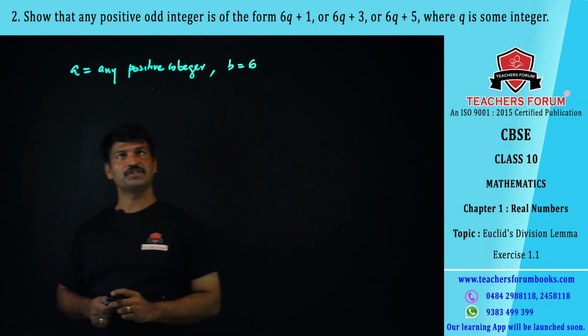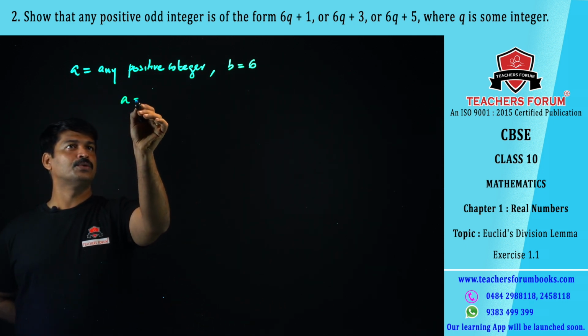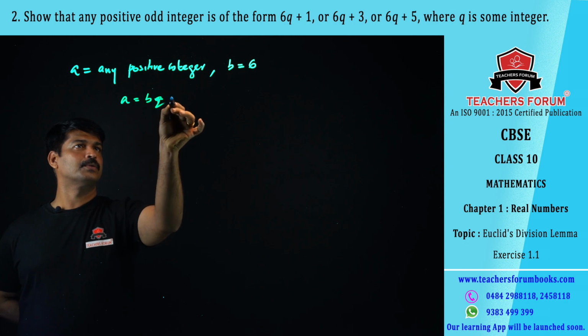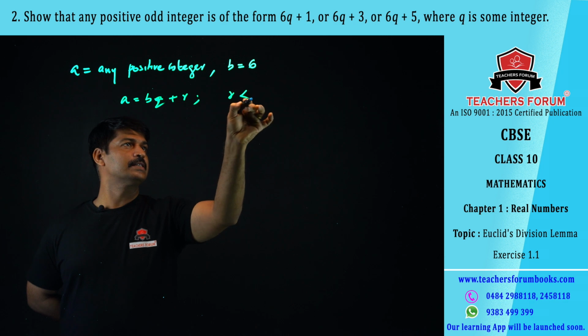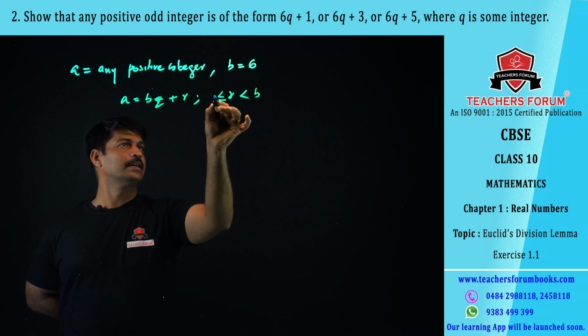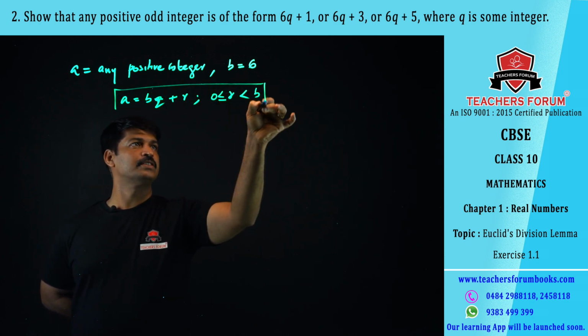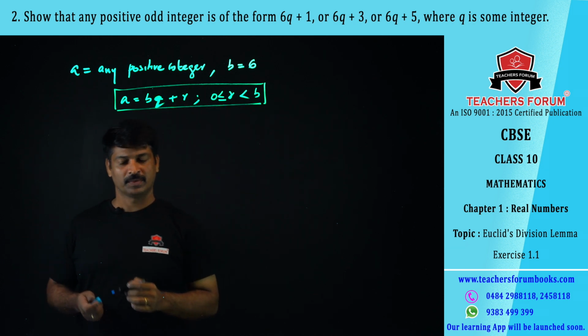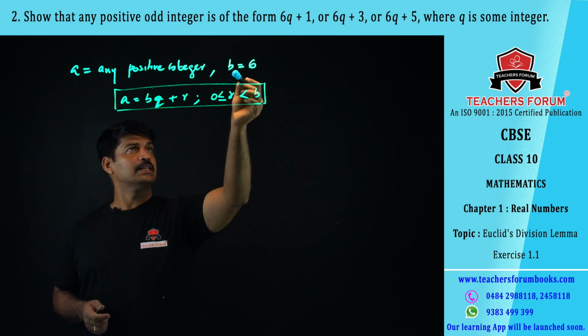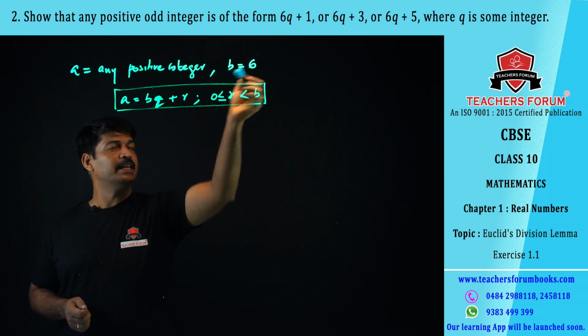According to Euclid's division lemma, a is equal to bq plus r, where the value of r is greater than or equal to 0 and less than b. This is Euclid's division lemma. You know that. Now, what is the value of b? The value of b is 6.